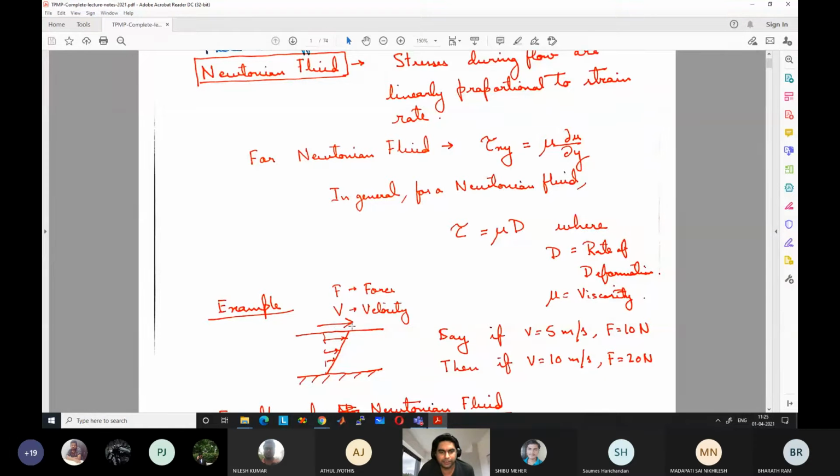If the velocity of the plate is v, the fluid also will be moving with velocity v. So to transition from this zero velocity to v velocity, there will be a gradual change in velocity in the fluid. This is what we call the velocity gradient.